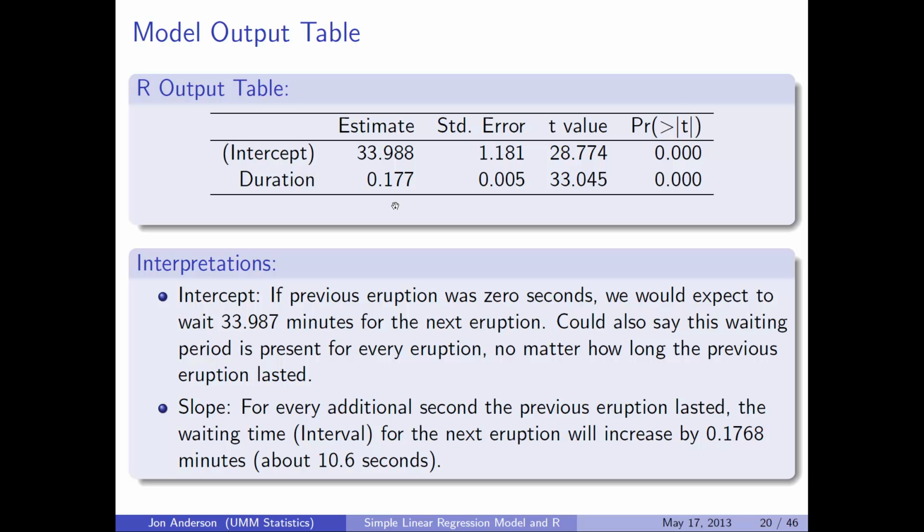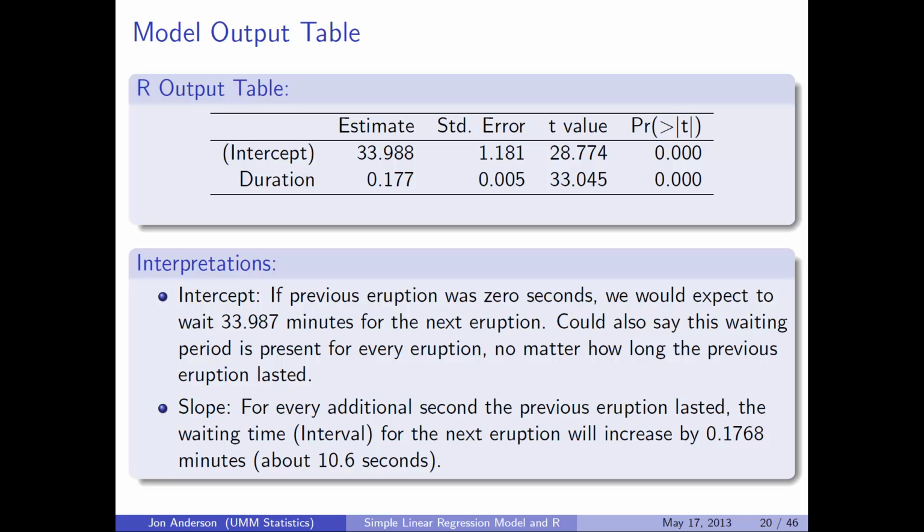The slope, 0.177, basically tells you how many additional minutes you're going to have to wait for an eruption that took an additional minute of duration. So for 1 additional minute of duration, you should expect to wait about 0.177 additional minutes.